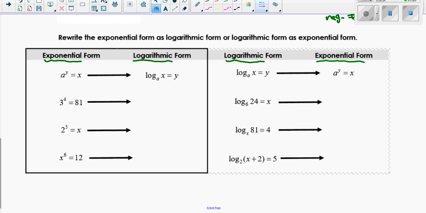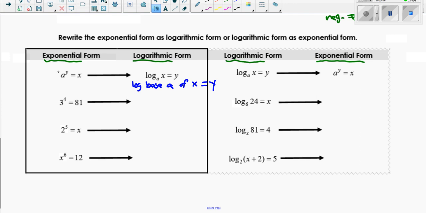Okay. So the first one I wrote out for you, notice that it says a to the y power equals x. So that's an exponential. It can be rewritten or is the same thing as log base a of x equals y. I actually want you to write this out. So if you were to read this, you would say log base a of x is y.